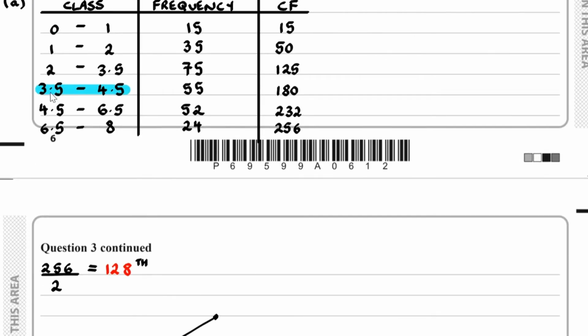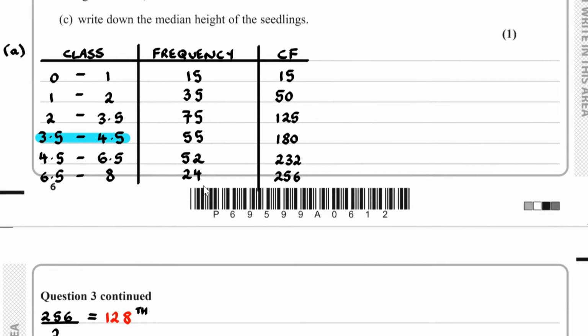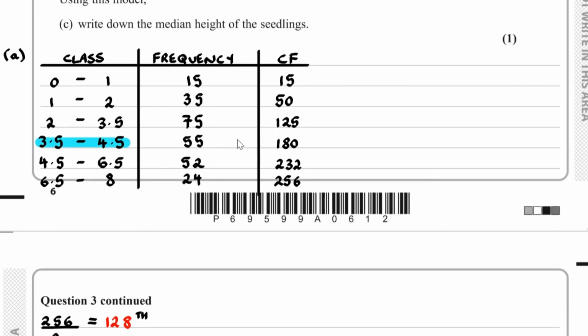Now we've got 125 pieces of data which are 3.5 or less. So for our lower, we have 125 and 3.5. For our upper, we've got 180 pieces of data which are 4.5 or less.